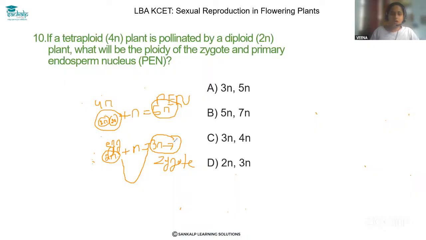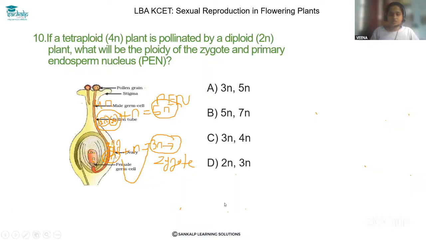The correct option is A, 3n zygote and PEN is 5n.